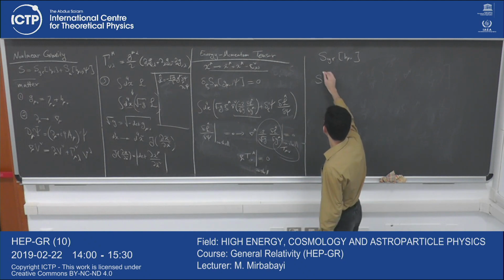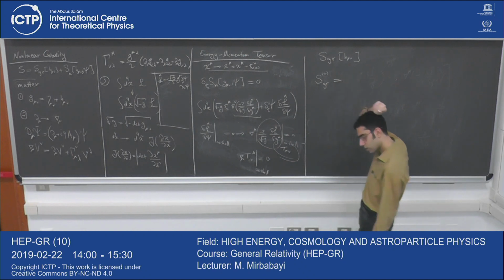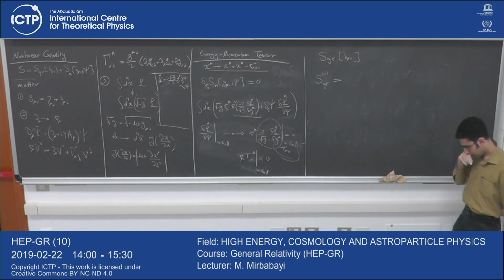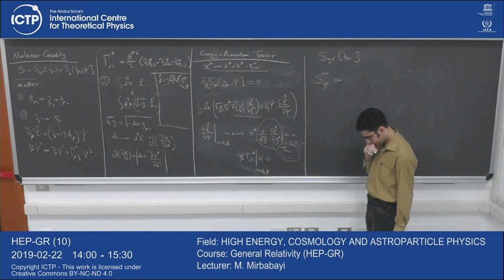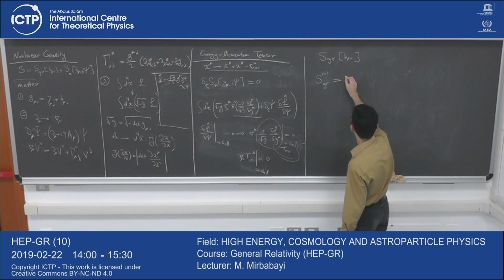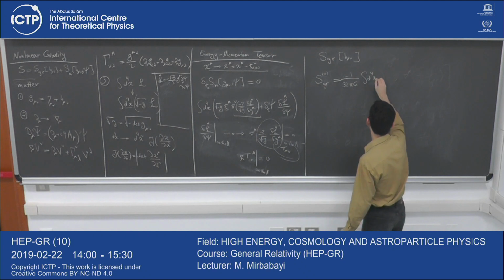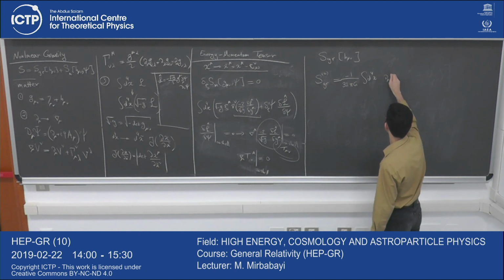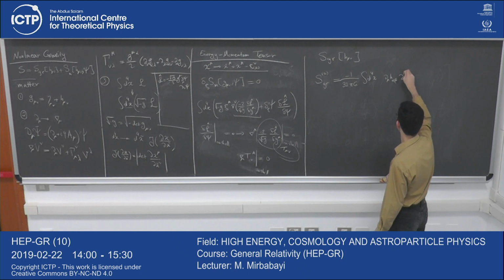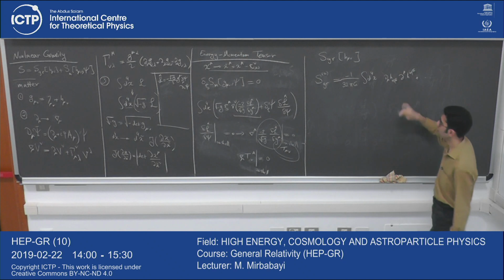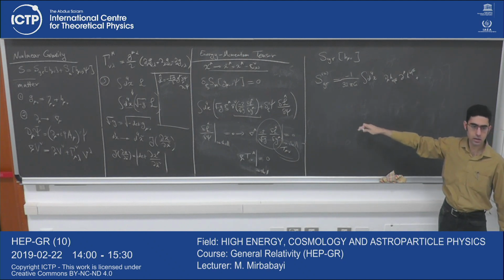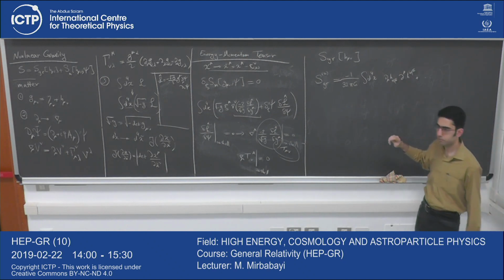So we had some S2 gravitation which looked like, I think, minus 1 over 32 pi G integral d4x d mu h alpha beta d mu h alpha beta, or some other terms. So this variation gives us the linearized equation that we have.